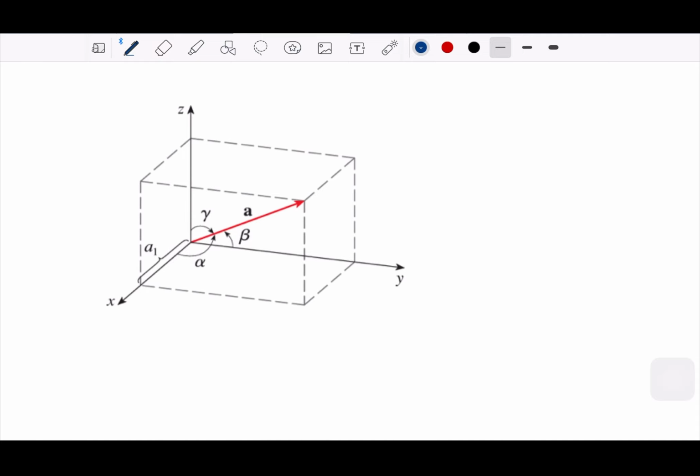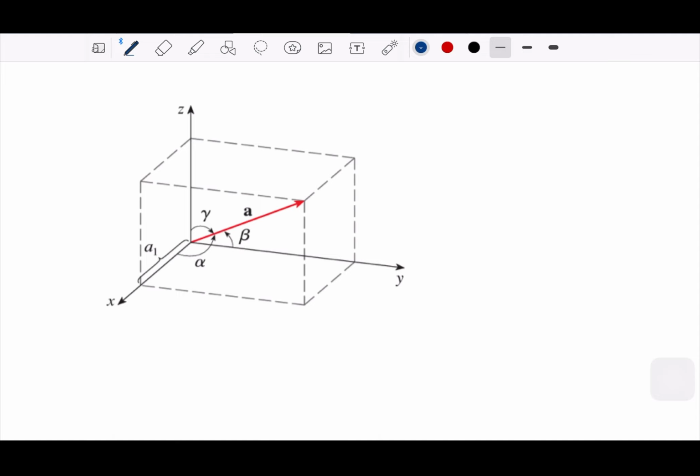If we have a vector like this one, we will have at least 3 particular angles established within this vector. So vector A, for example, will have 3 angles: alpha, beta, and gamma. Alpha is between the x-axis and the vector itself, with the y-axis it's beta, and with the z-axis it's gamma.